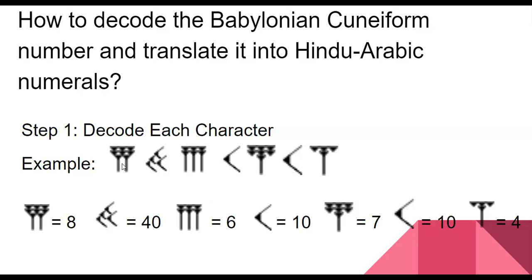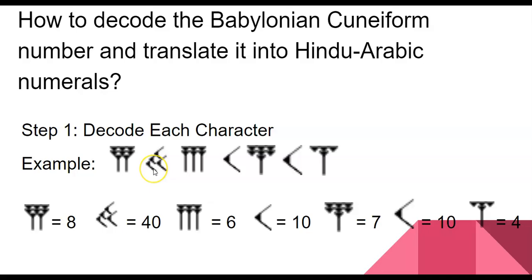So 8 here is 08, and this is a digit at the 60 cubed place value. Again, in the far left, we have higher place values. And next, we have 40, and then we have 6.